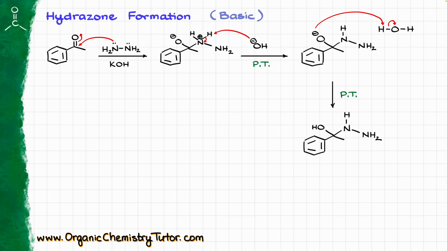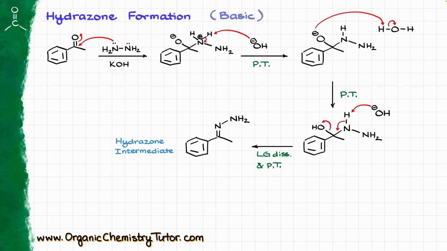Now from this point we are going to get rid of our OH, but since we are working in the basic media now, I'm going to bring my OH minus, and I'm going to show this as an E2 style reaction like this, giving me my final product looking like so.